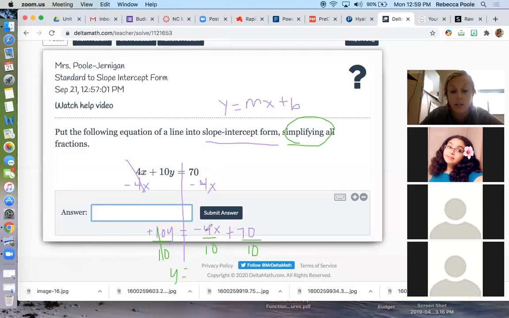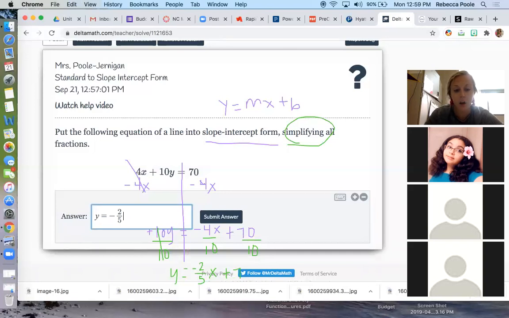So did you guys divide both of these by 2? So 4 divided by 2 is 2. 10 divided by 2 is 5. And it was negative, right? Then your x. And then what's 70 divided by 10? 7. Good. So you should have typed in y equals negative 2 slash 5, then hit the over arrow, x plus 7.